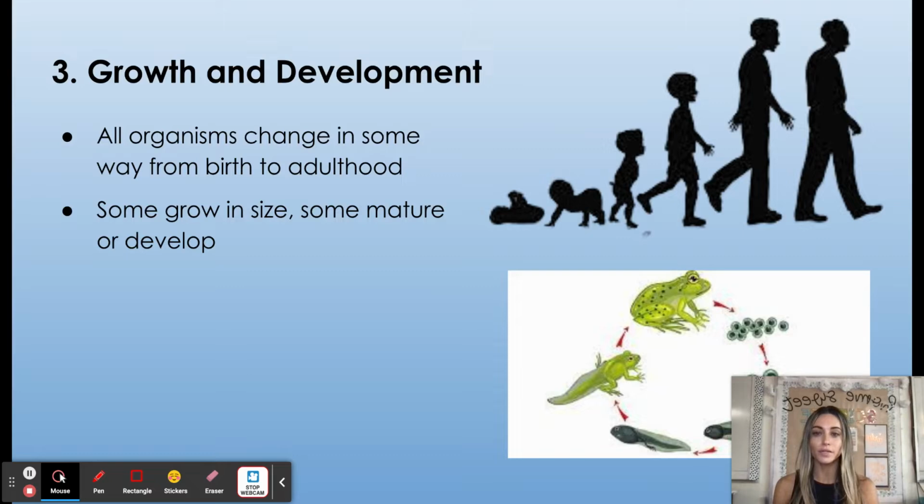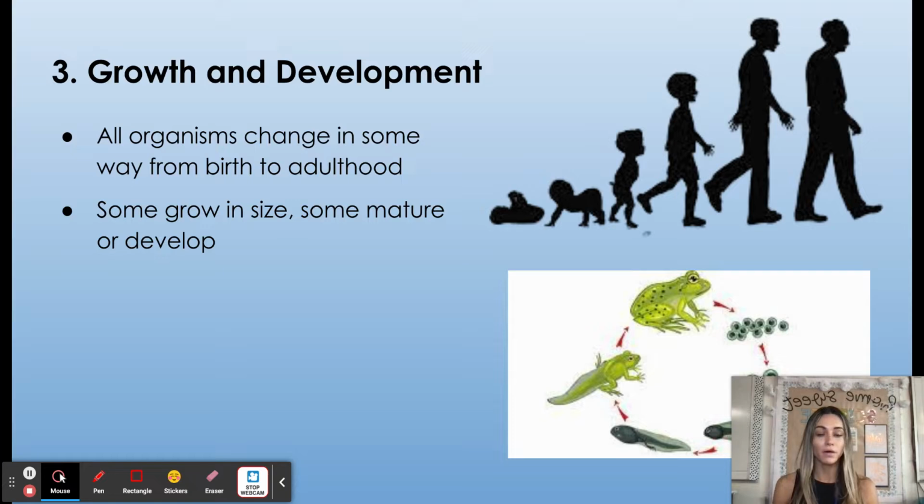Third is growth and development. All living organisms in some way change from their birth over their lifespan to adulthood or to death. This can be physical growth. If you think about a human baby, they're very, very small when they are born, and by the time they are a full adult, are much larger. This also involves maturing or maturation or development.